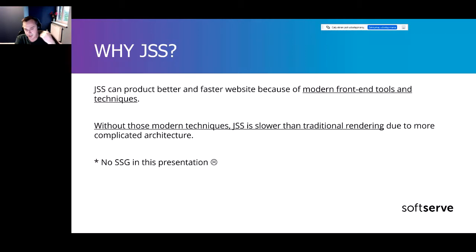You can make a JSS site slow. If you just take a look at the architecture of JSS, instead of one server which renders the page, you have at least two in the bigger scale. So just by this, there is some additional complexity.